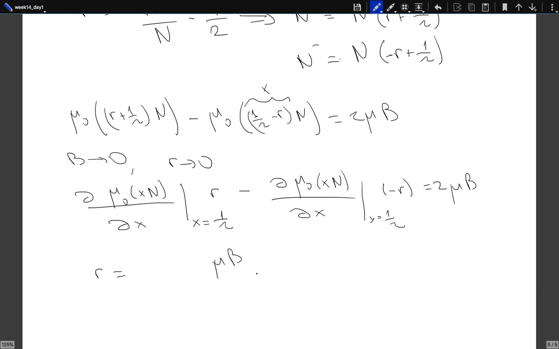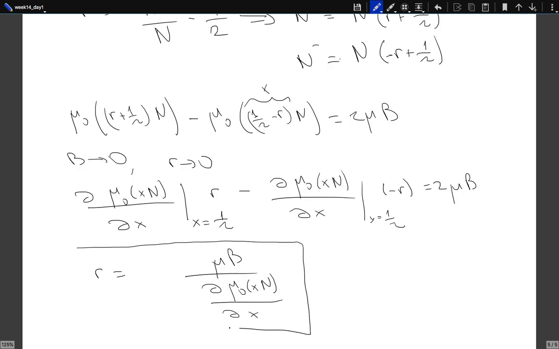It's just mu times B divided by the derivative of the chemical potential of xN electrons with respect to x. Of course, that derivative has to be evaluated at x equal to 1/2.